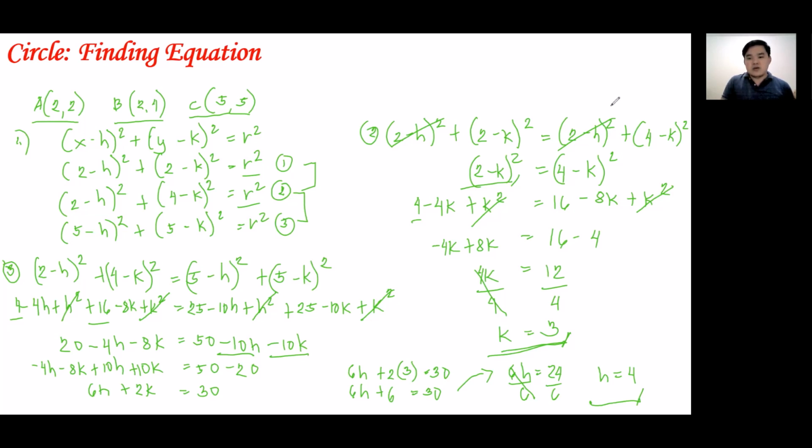So to continue on our equation, let's have step number 4. For our step number 4, let's just substitute the given values here. So this x minus h squared plus y minus k squared is equal to r squared. So therefore, based on this one, what is our x again?